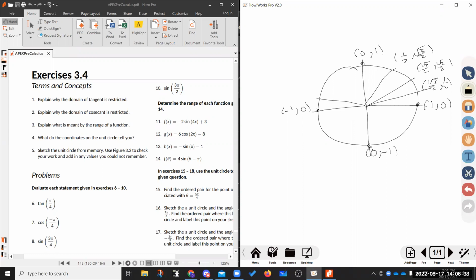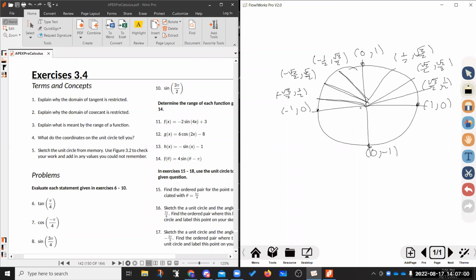Now this is going to be 30 degrees, 45 degrees, and 60 degrees reference angle in quadrant 2. So this is negative root 3 over 2, 1/2, because it's negative x, positive y, negative root 2 over 2, root 2 over 2, negative 1/2, root 3 over 2.